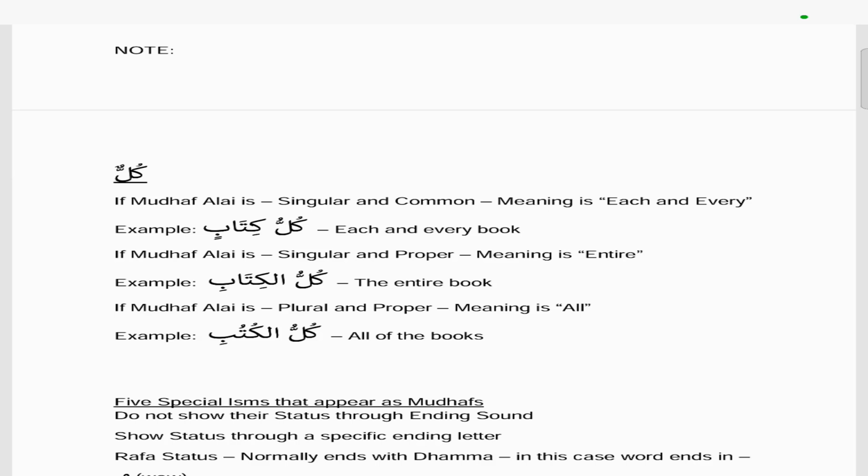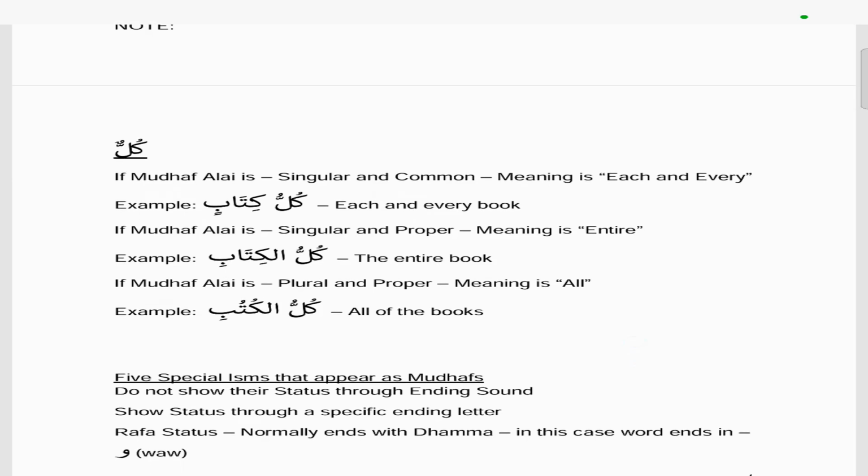Therefore this means each and every book. If the mudaf ilay is singular and proper, then the meaning would be entire. For example, kullul kitabi: there's an al on it, so it's proper, and it's singular, al-kitabi. So kullul kitabi means the entire book.